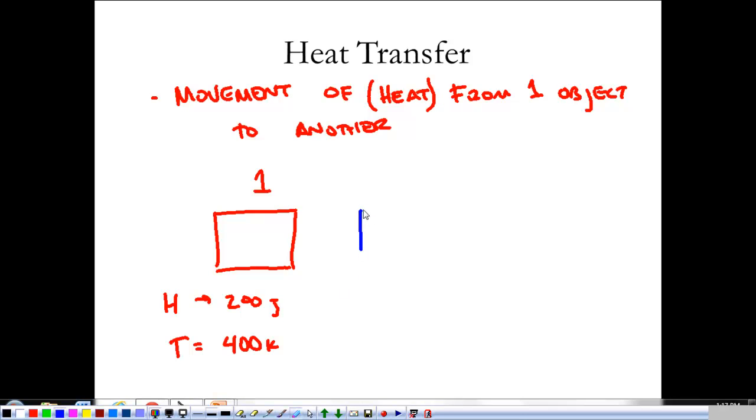And then we've got object 2. Let's say object 2 is a whole lot more massive. There are a whole lot more particles in it. So object 2 has a total heat of something like 1,000 joules. But the temperature of object 2 is only about 100 Kelvin. Now, we're going to talk about what each of these things mean.